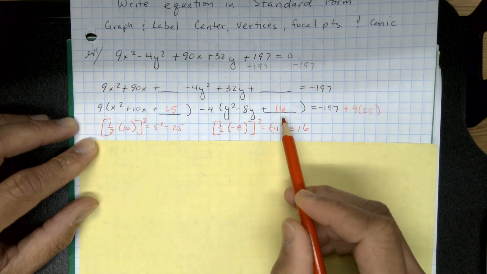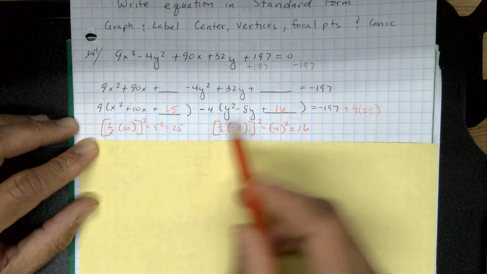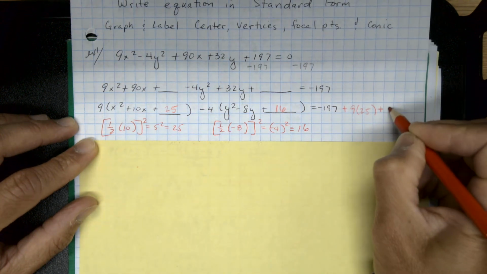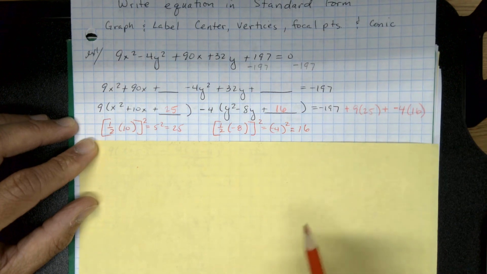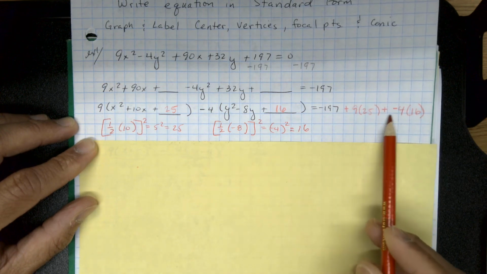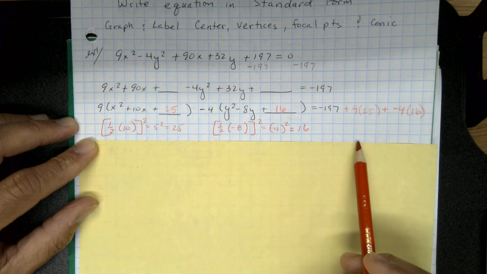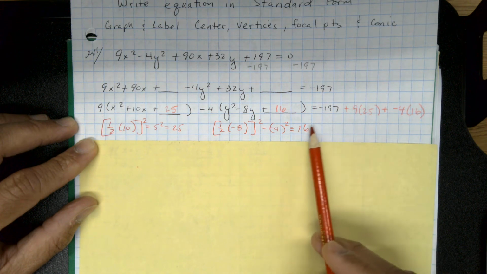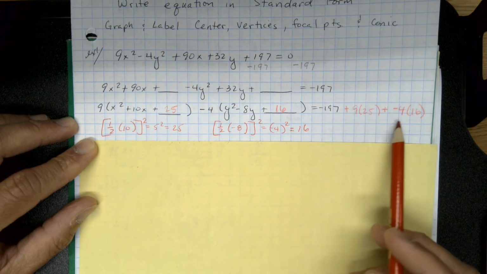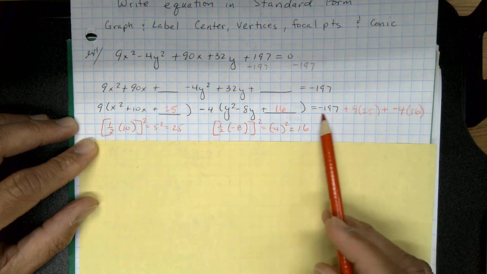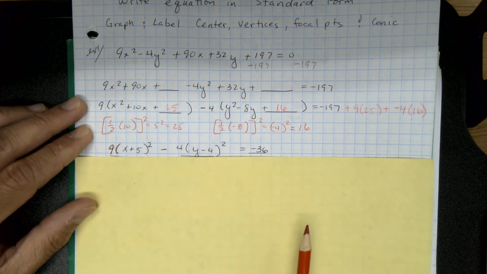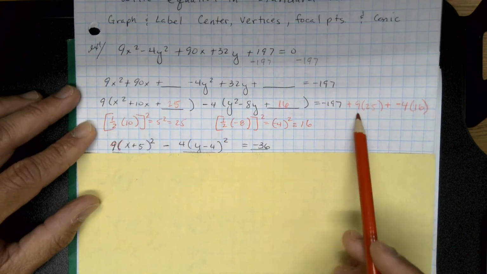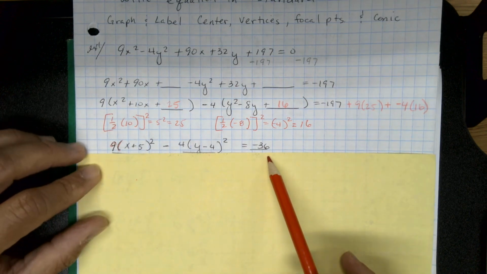So we are not adding 16, we're actually adding negative 4 times 16. So now the equation is balanced. Once you simplify this entire right side, it's going to equal negative 36.